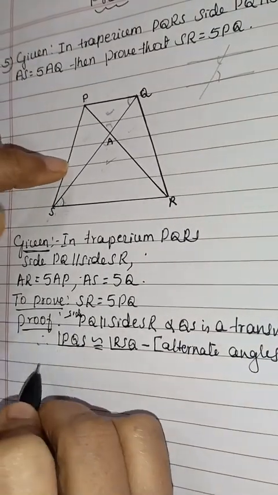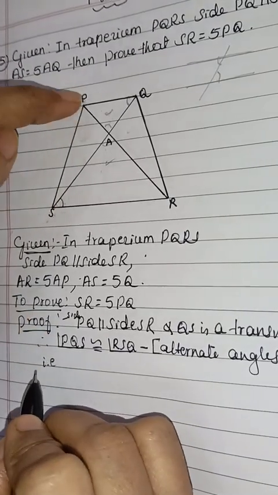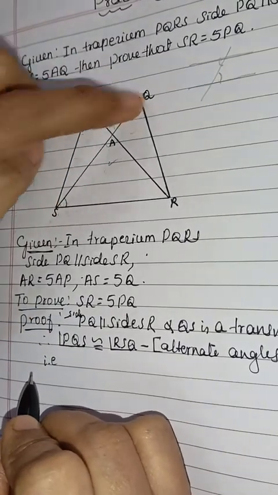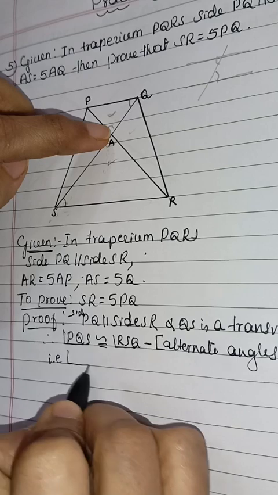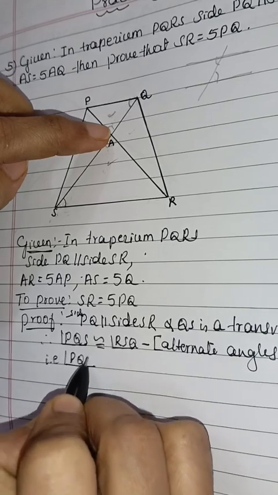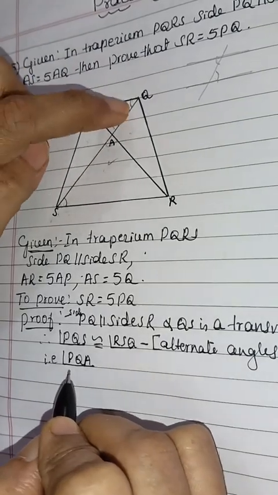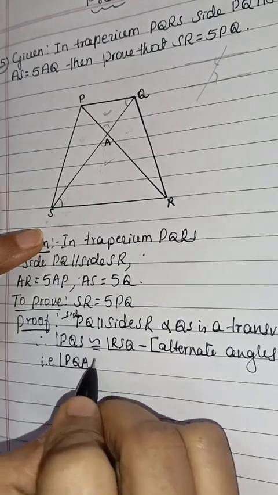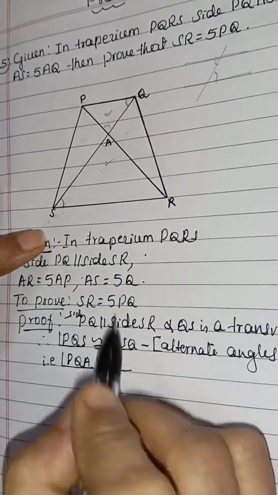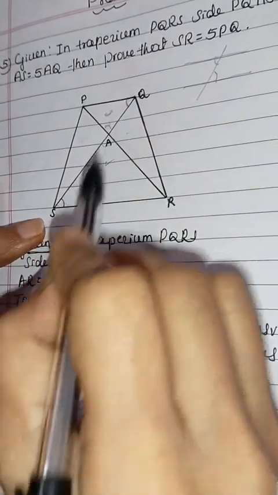PQS means PQA, the same angle, no? Therefore write angle PQA is congruent with angle RSQ.